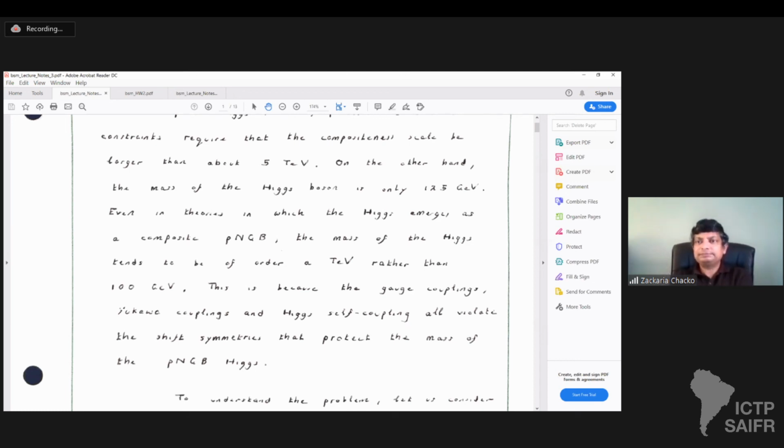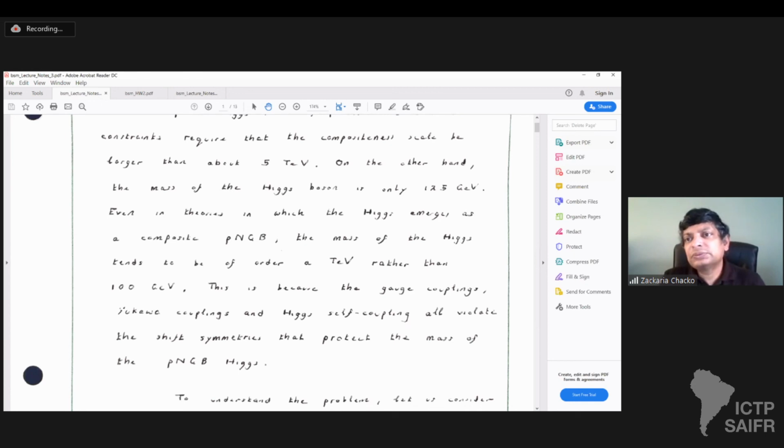Any questions? So you can either type or, yes, there's a question from Alison. What sort of reactions could we look for that would reveal the compositeness of the Higgs? That's an excellent question. So the interactions that reveal the composite nature of the Higgs are usually suppressed by the compositeness scale.